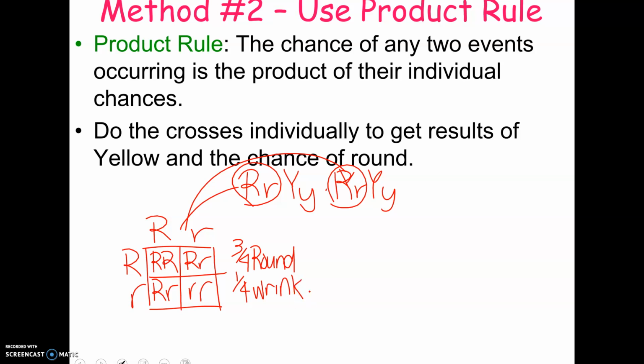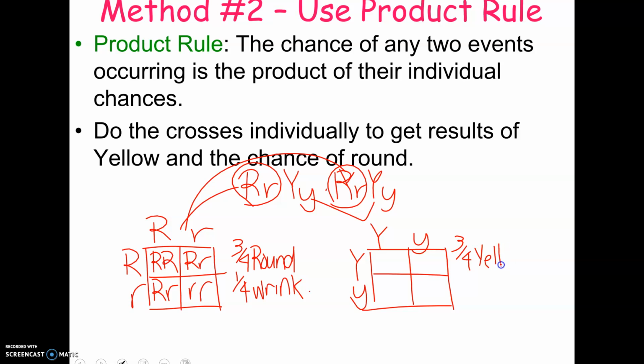And then for the yellow versus green, we're going to do big Y, little y, big Y, little y. Same thing. We're going to get a 3/4 chance of yellow and a 1/4 chance of green.